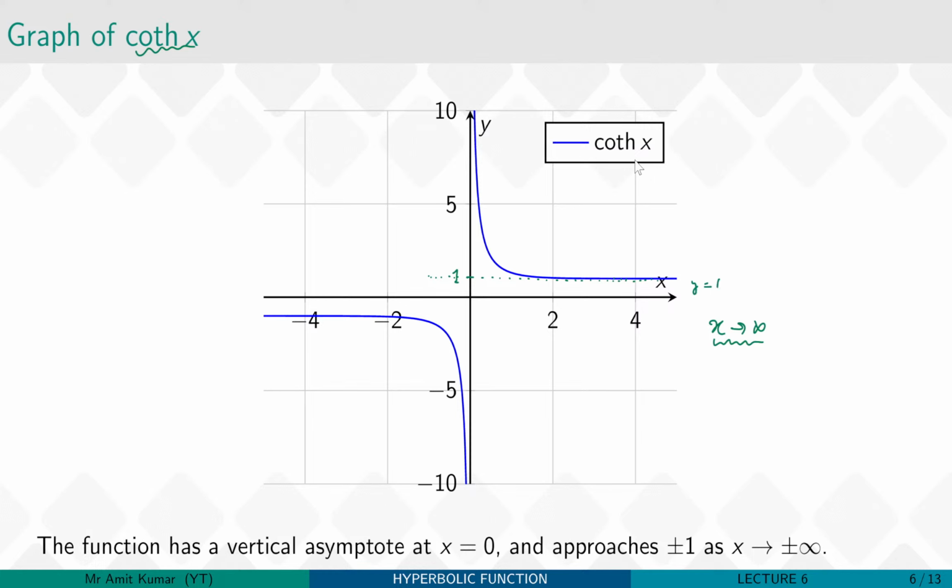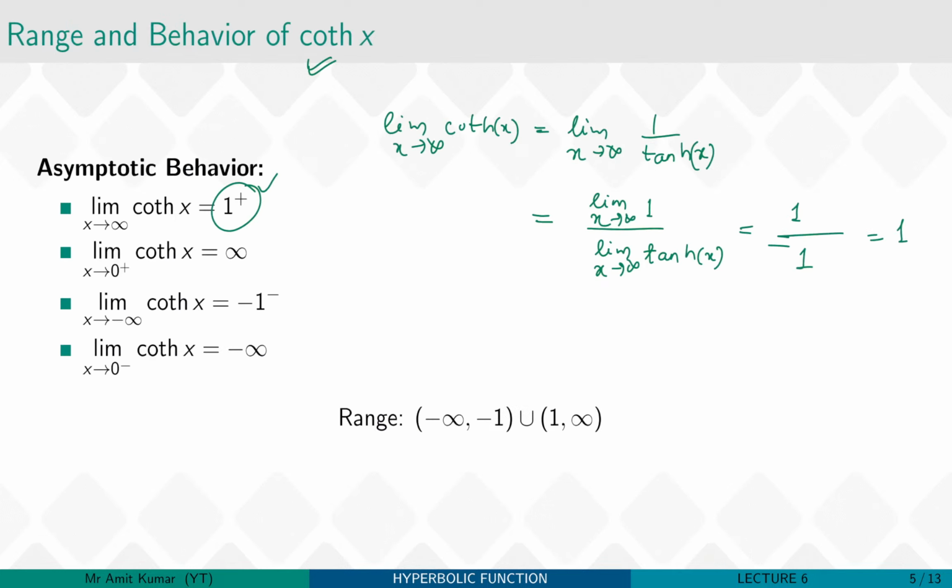The graph of coth x is above the y is equal to 1 line, and the y is equal to 1 line is an asymptote. When x tends to infinity, the graph approaches 1.